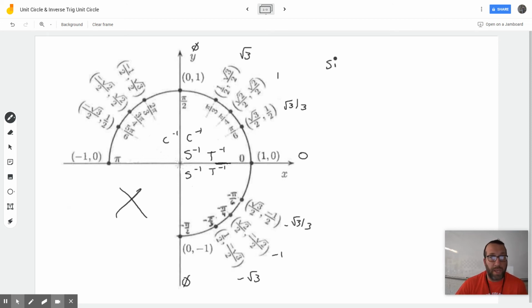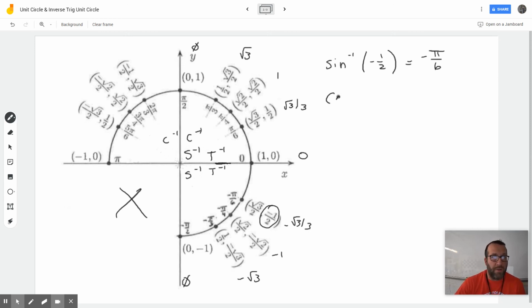So when I say something like inverse sine of negative 1/2, I'm allowed to look in the first and the fourth quadrant, and I'm looking where does the sine equal negative 1/2? It's right here, so I would write negative pi over 6. And that would be the value your calculator would give you as well, obviously in radians. If you were in degrees, it would say negative 30.